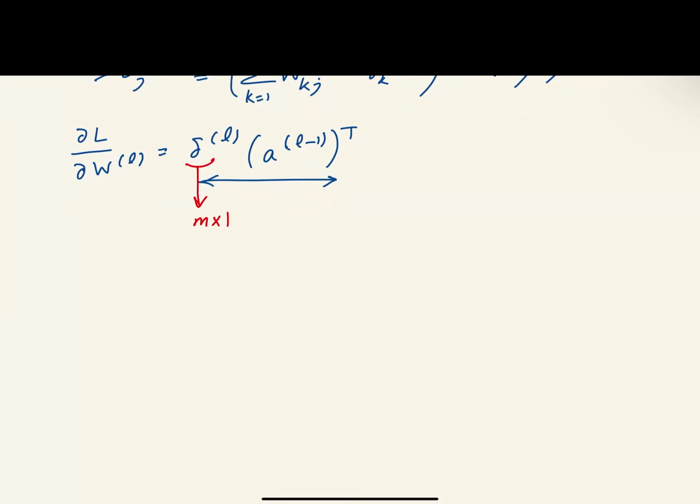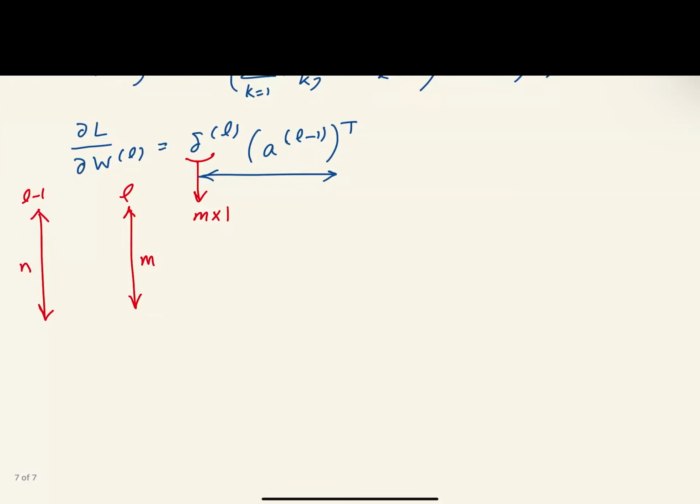If I have a layer L with m neurons, we want to backpropagate the blame from this to the previous layer of size n. We multiply the blame signal from L by the activation vector from the previous layer L-1, which is also a column vector but of shape n by 1. The transpose will be 1 by n.